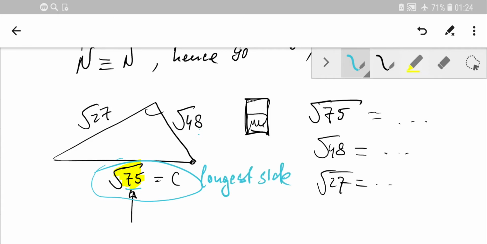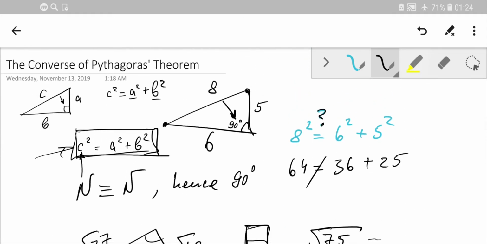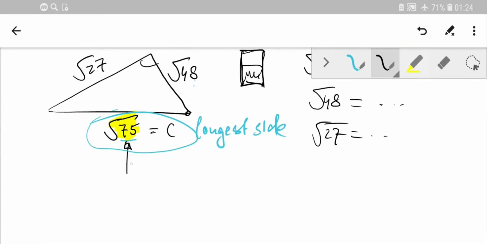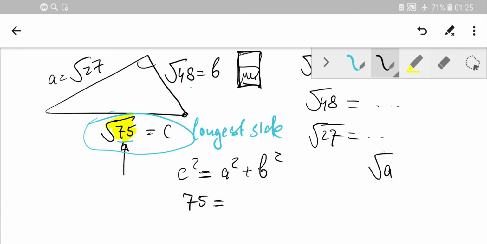Now we just need to test our equation c squared equals a squared plus b squared. Instead of the variables, we plug in the sides. Let's say this is a and this is b. Square root squared means you simply get rid of the root.